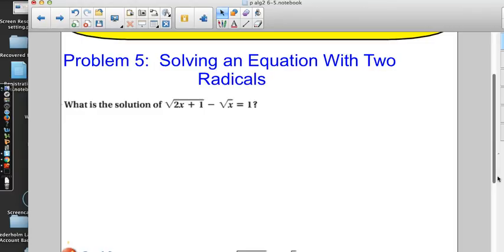We want the radical that's the toughest radical here all by itself. Of these 2, which would you say has the bigger muscles and is tougher? The square root of 2x plus 1. Yep. You're staying put. You are going to the other side.